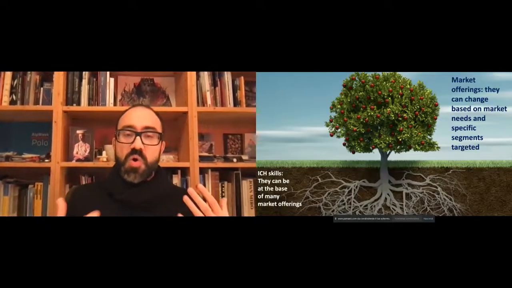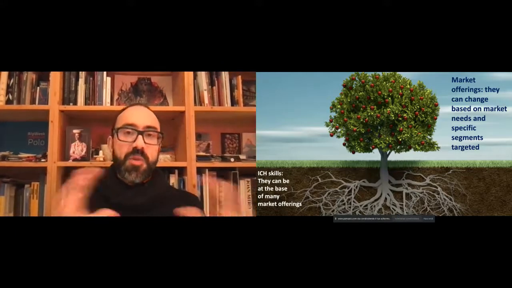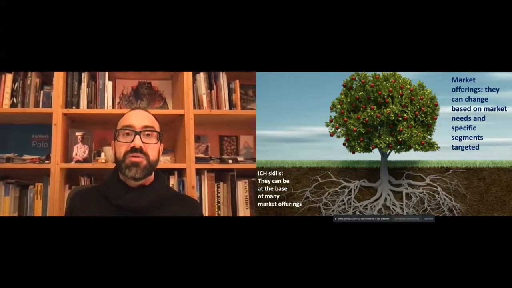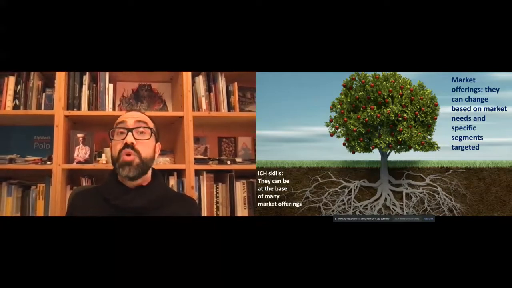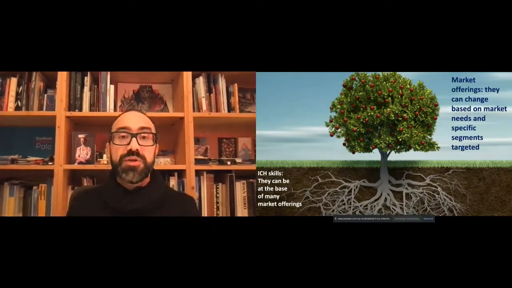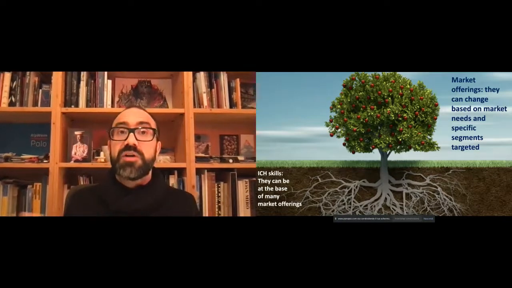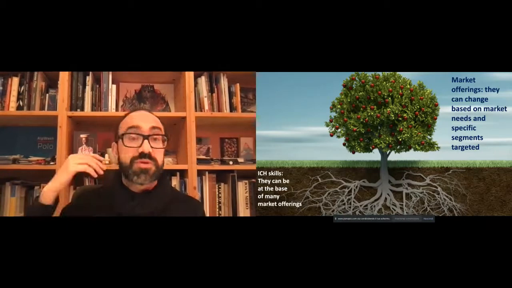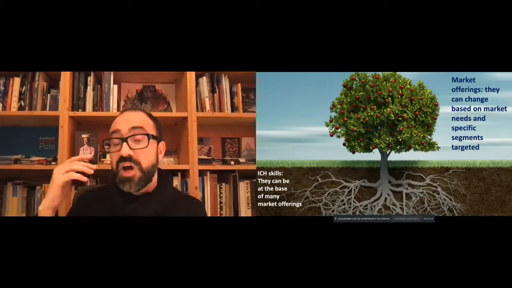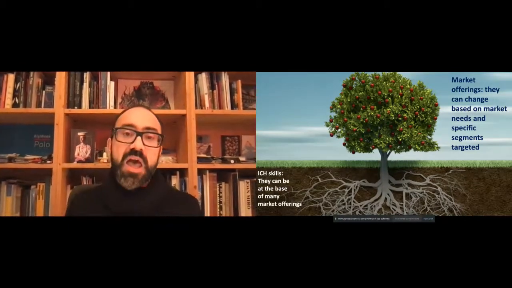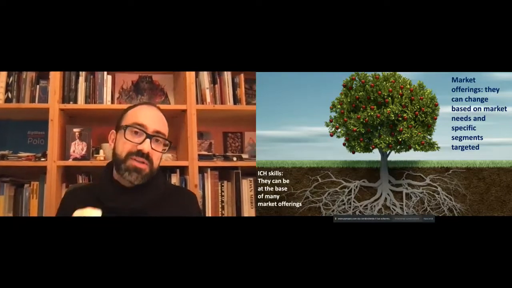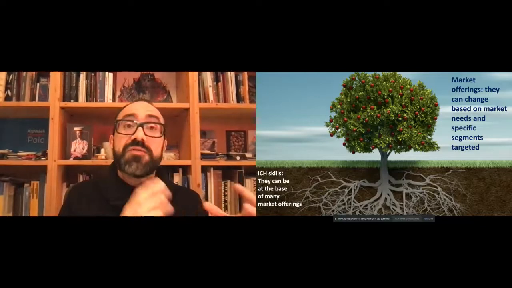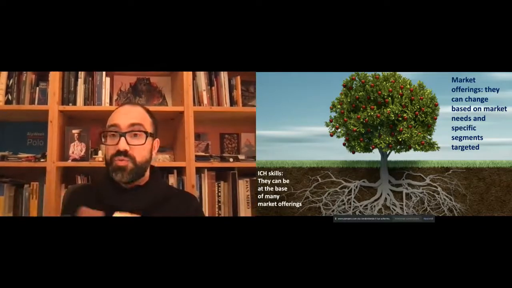So let me use again this metaphor of the trees. The ICH skills, your know-how, can be employed to make different kinds of market offerings: products, services, training, workshops, experiences, events of many kinds. However, the point now is that they can be changed, adapted to satisfy different kinds of consumers.